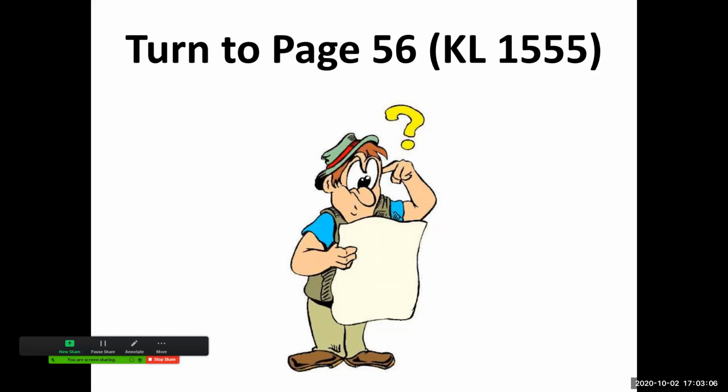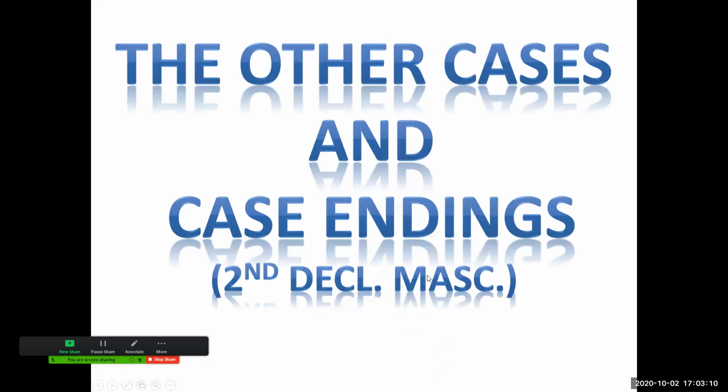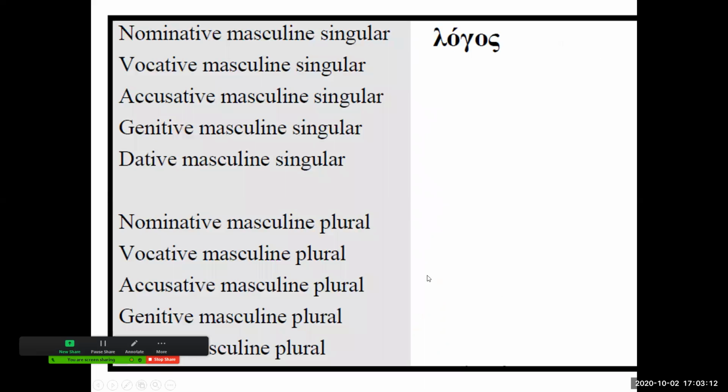What did we have before? We had the nominative case and the accusative case. We had 2 cases, singular and plural. Now we have 3 more, in the singular and in the plural.